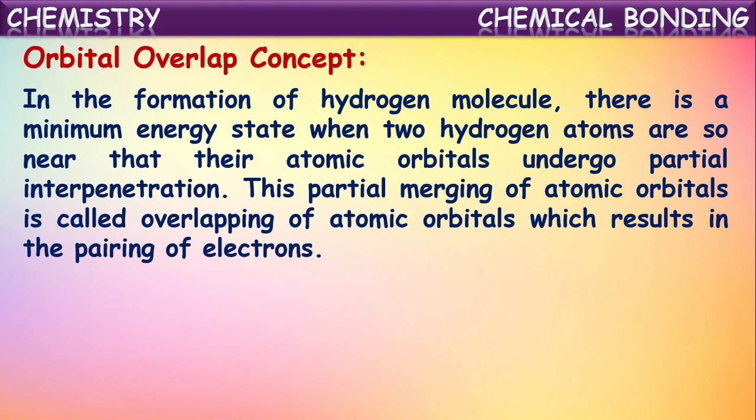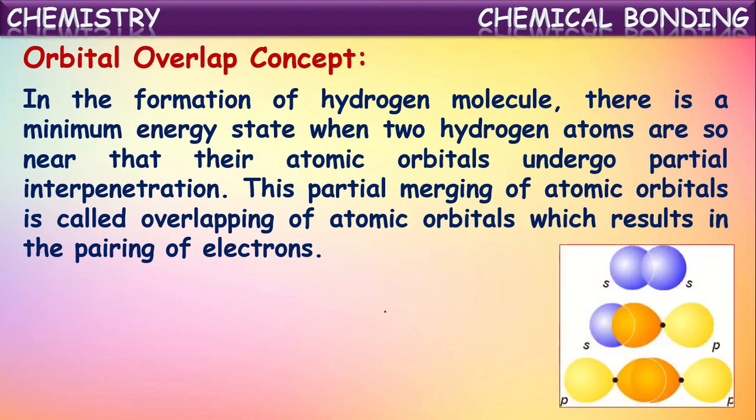This penetration of the orbital of one atom into the orbital of another atom, which is simply merging, is called overlapping of atomic orbitals. By this overlapping, the single electrons present in both the atomic orbitals will be paired. So this is called penetration.